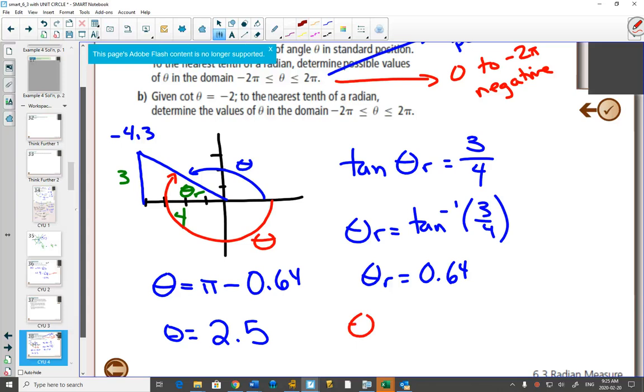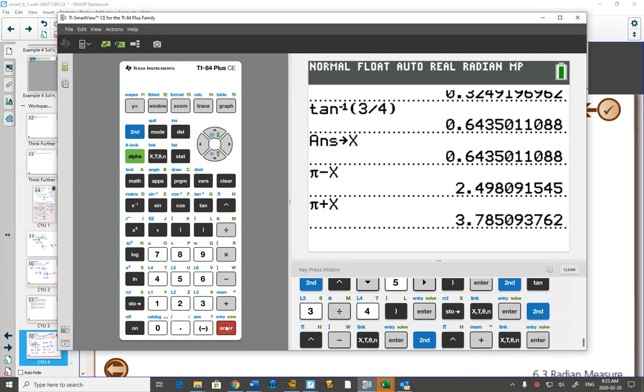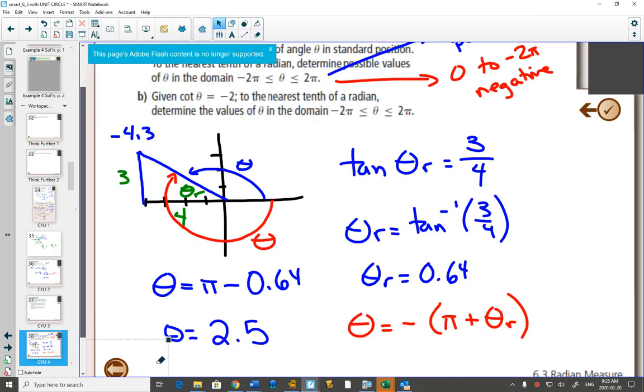So in radians, I'm going to do π plus my reference angle, and then whatever answer I'm going to get, I'm going to make it negative. So on my calculator, I would do π plus x. It's sure nice that I have it stored in there. 3.8. And so it would be -3.8.